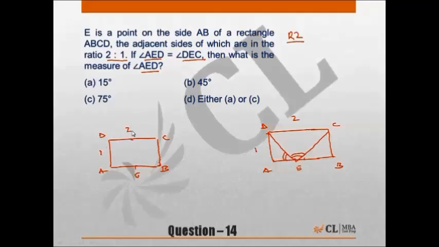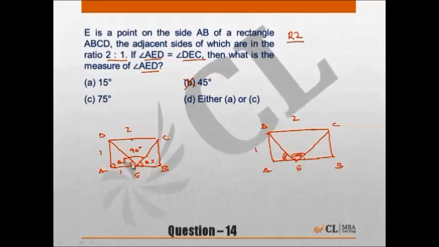If E is the midpoint and the sides are 1 and 2, this will also be 1, which means there is an isosceles right angle triangle, so this angle should be 45 degrees. And what about this angle? Similarly, this is also 45 degrees, which means this angle has to be 90 degrees. So first of all, 45 cannot be the answer, because if angle AED is 45, this turns out to be 90 degrees, so it cannot be the answer.